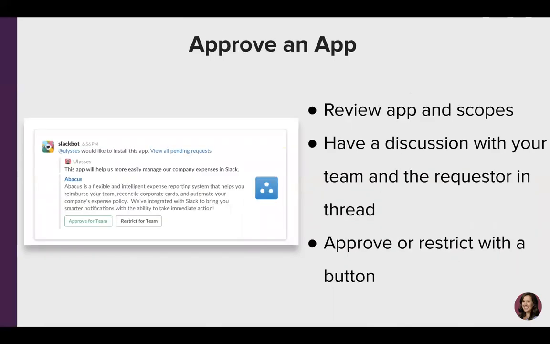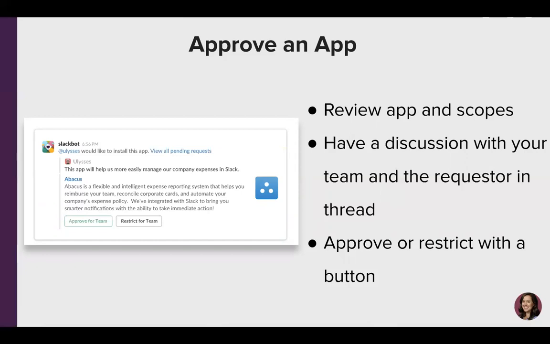Now, if we look at the approver's perspective in that particular channel or direct message, they'll get a message from Slackbot with an overview of the app that was requested, who has requested it, and any notes that the requester has added. From there, they'll be able to have a discussion with their team about the request, ideally within a thread in a designated channel, and then easily approve the request with the click of a button.